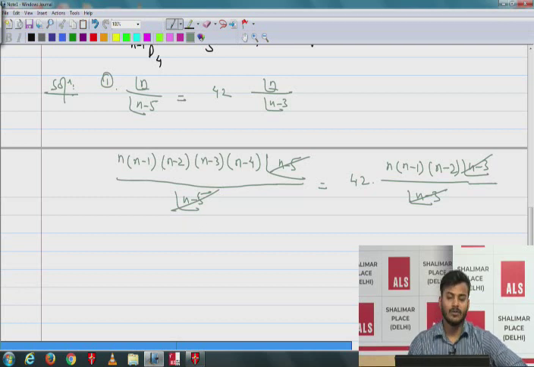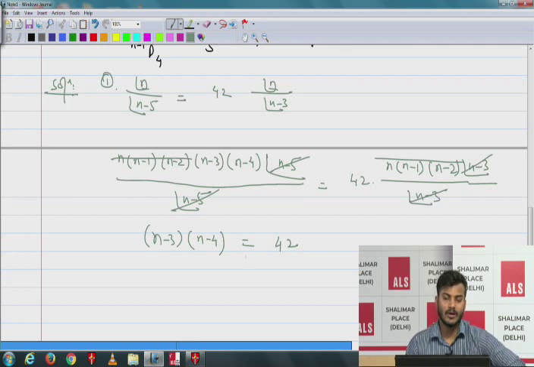Right? So now, (n minus 1)(n minus 2)(n minus 3)(n minus 4) equals 42 times (n minus 1)(n minus 2). We can cancel these two also. Now, observe this: (n minus 3)(n minus 4) equals 42. A simple quadratic, right?